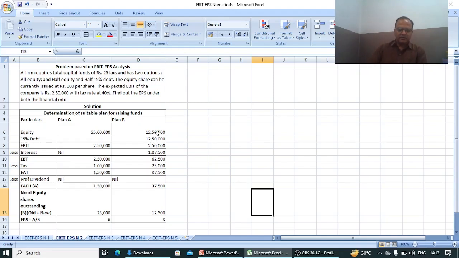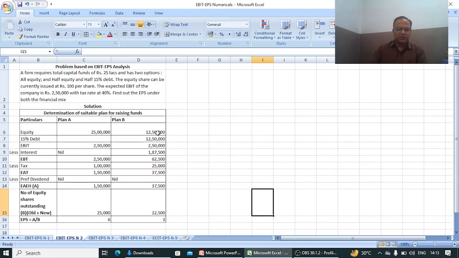Now let's check problem again, calculations are accurate or not. Let's take the help of calculator. First of all, 1250 into 15%, 187500.